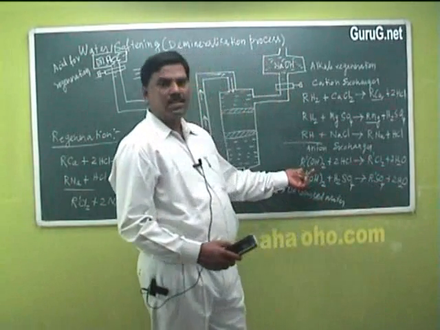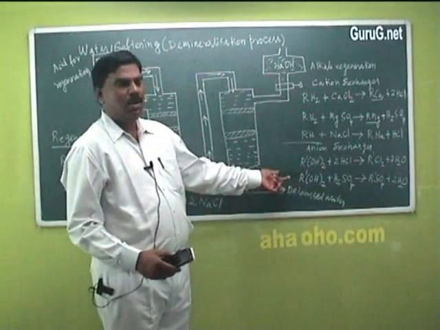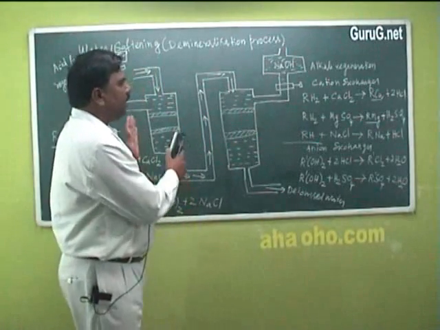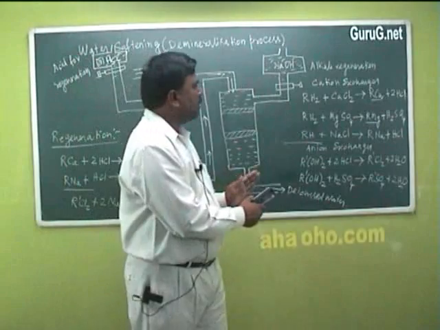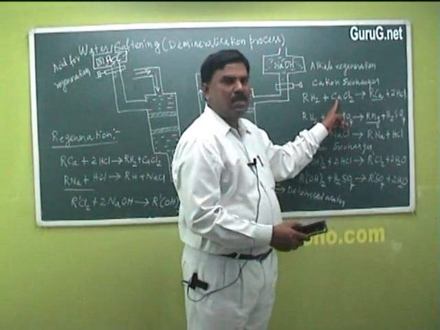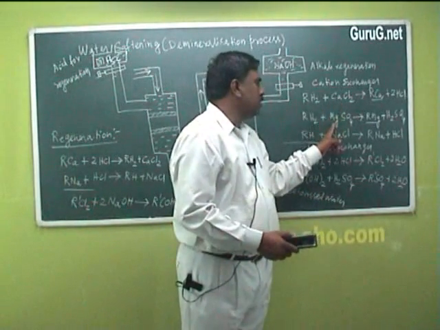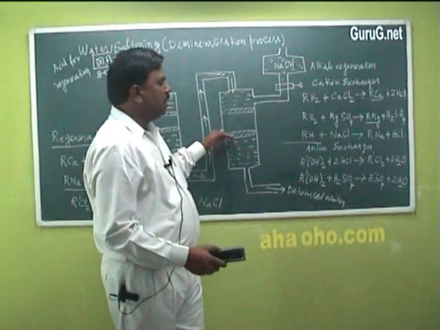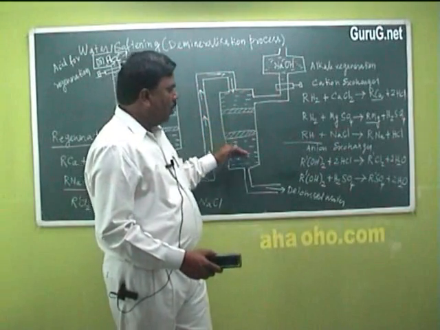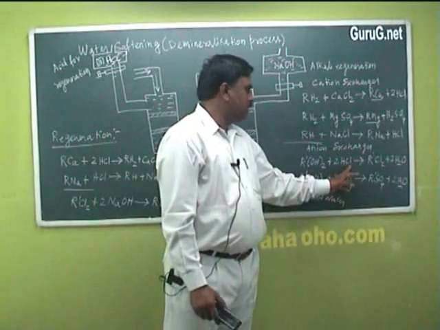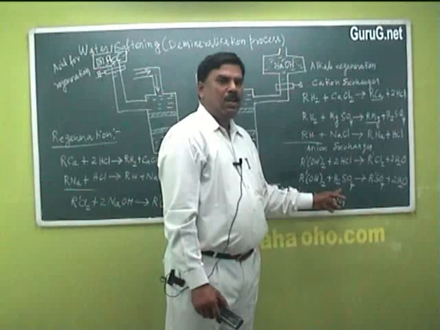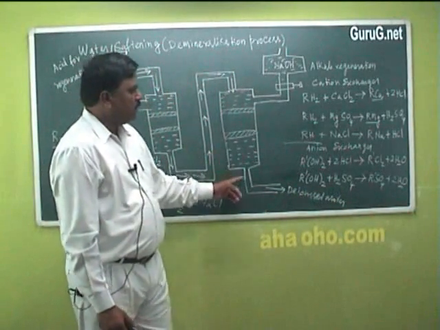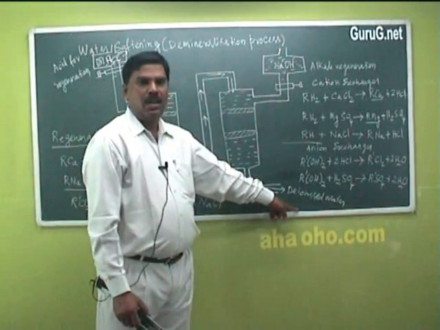So these are the reactions that take place in the anion exchanger column, and those are the reactions in the cation exchanger column. The cation exchanger removes all the cations present in the water, that is calcium, magnesium and sodium. The anion exchanger retains all the anions, that is Cl minus and SO4 2 minus. Finally the water coming out from both exchangers is deionized water without any ions.